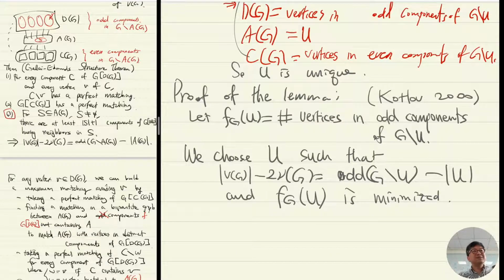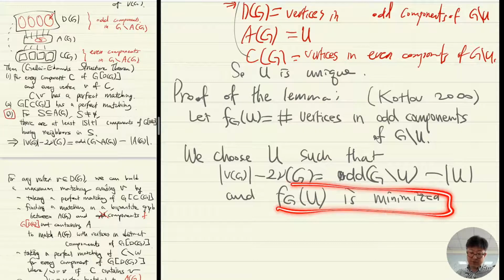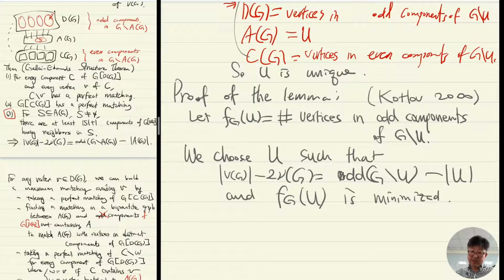There's at least one choice, one set, which achieves the equality by Tutte-Berge's formula, and among all sets, there are only finitely many sets, so therefore there is a set which gives the minimum possible value.